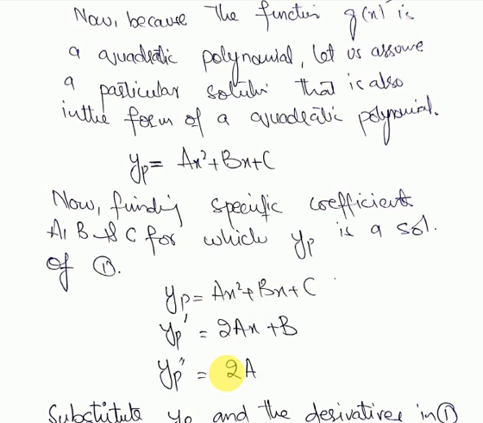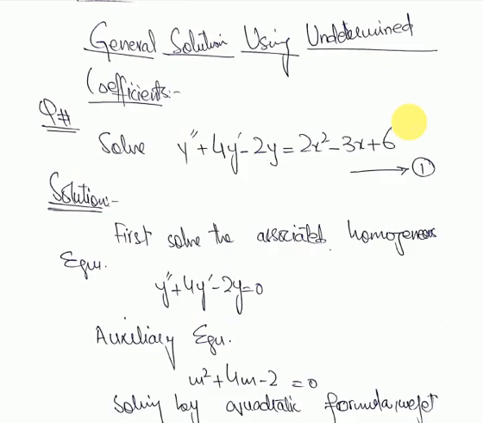Now we will substitute yp, yp dash and yp double dash in the left hand side of equation 1, which is y double dash plus 4y dash minus 2y. We will substitute yp double dash for y double dash, plus 4 into yp dash instead of y dash, minus 2 into yp, equal to the following expression g of x.